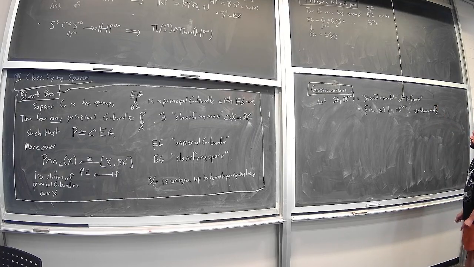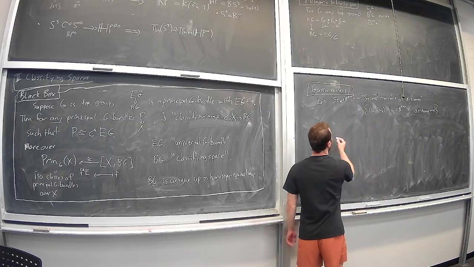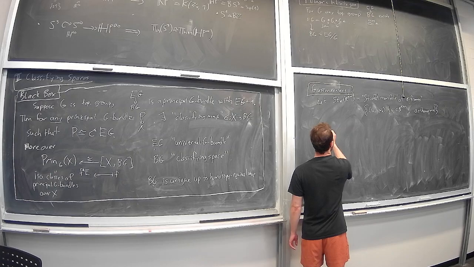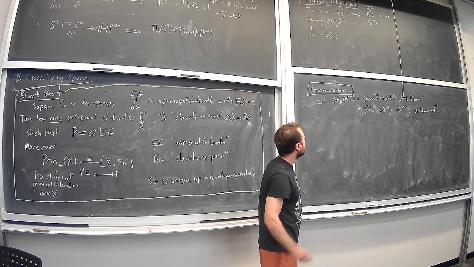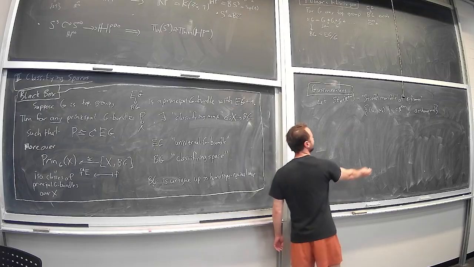There is an appropriate topology that you can put on this, and I just don't have time to really talk about it very much. Is this just a subspace topology? No, it's a quotient topology.